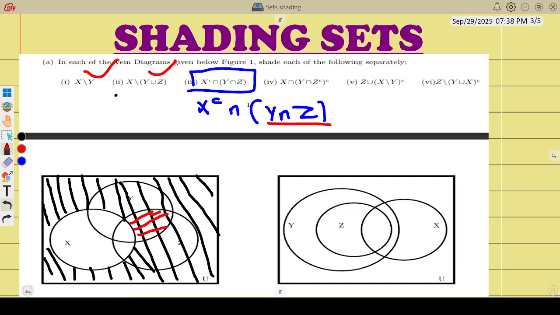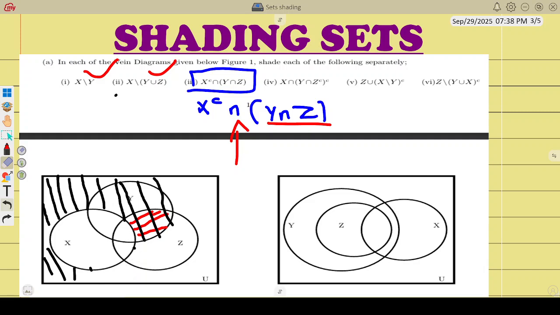To know the final answer, remember intersection means what are the common things in x complement and in this y intersection z. The intersection simply means where we have two colors. So outside here you can see we have black only. So this is not the intersection.